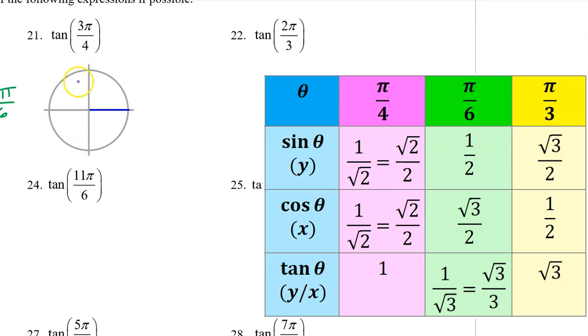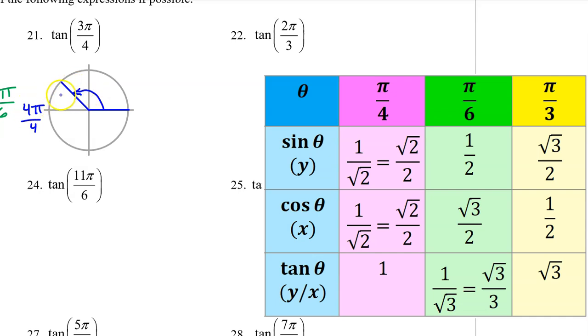Number 21, in what quadrant is 3 pi over 4? Well, we can think of pi as 4 pi over 4. Therefore, 3 pi over 4 will be pi over 4 less than 4 pi over 4, placing it here in the second quadrant.